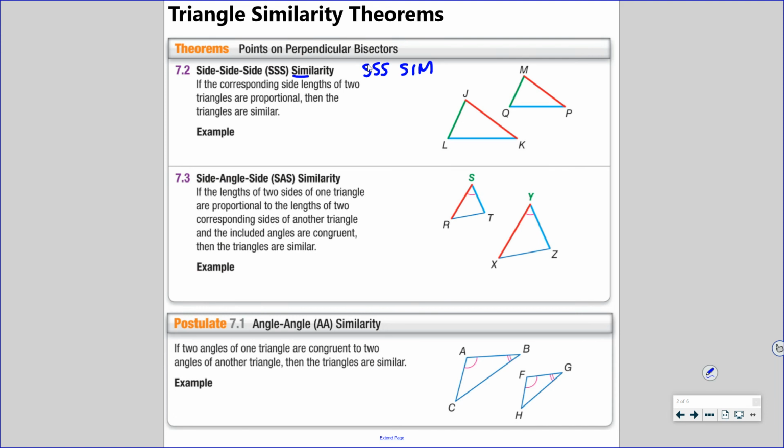Now, in order to use this theorem, you have to show that all three sides have the same scale factor or are proportional. Okay, so in this drawing, if you want to get out some highlighters or colors, I have to show those corresponding sides. So JK to QP. I have to show that these are all proportional, so all of these ratios are equal to one another.